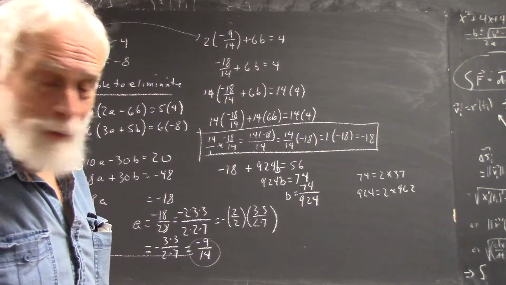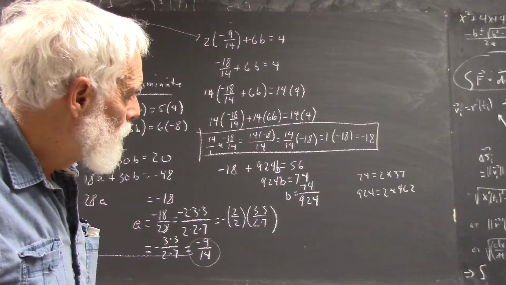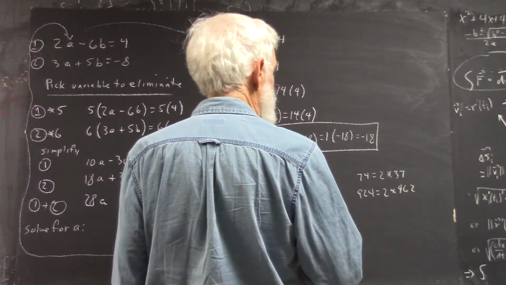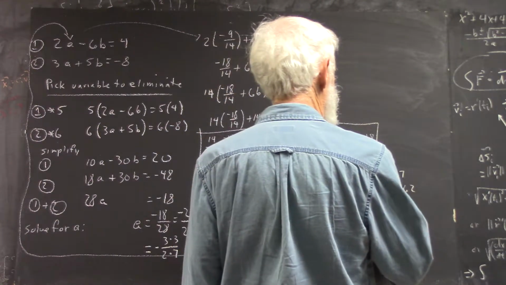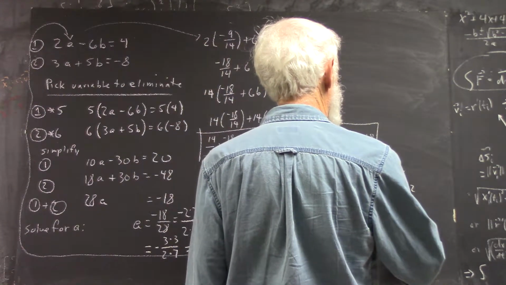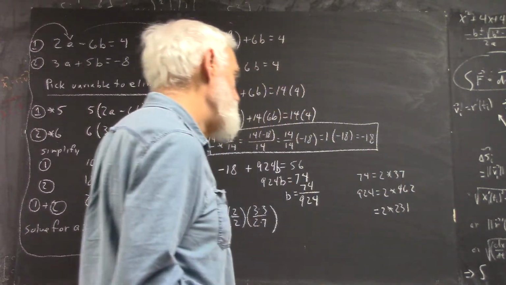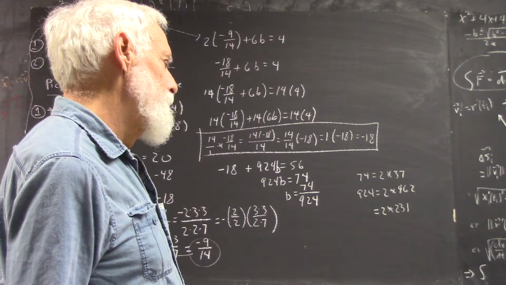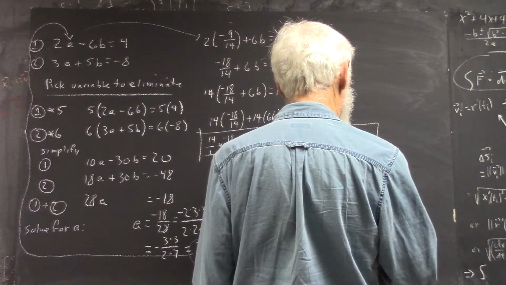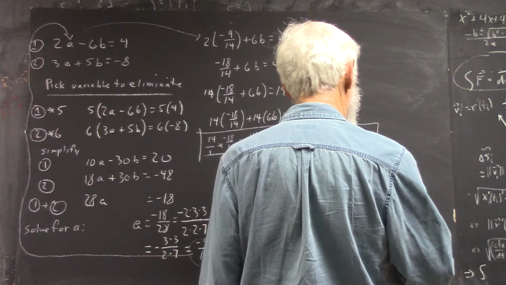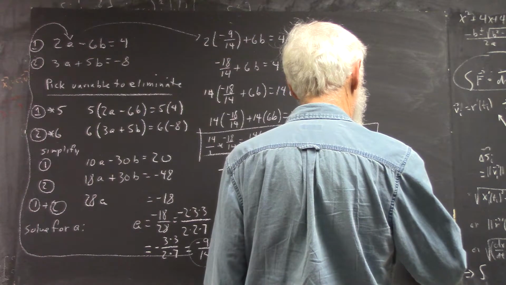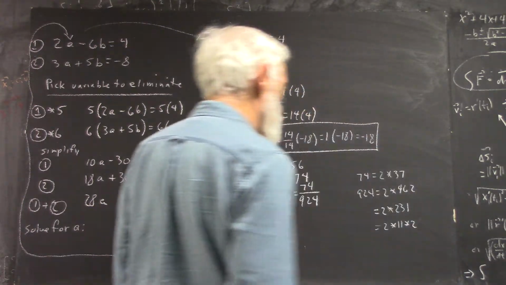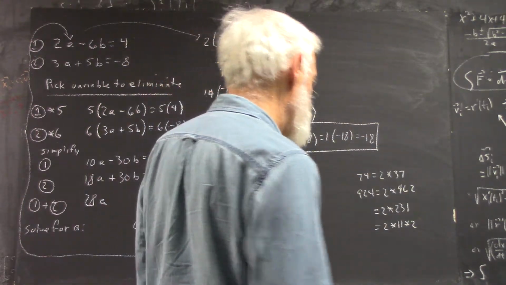Okay? Yeah, just to complete this, that's 2 times 231. And that equals, that can't be right because I just checked division by 7, but I didn't do it right.